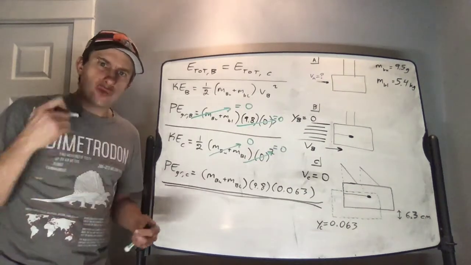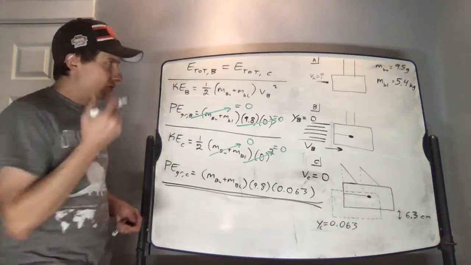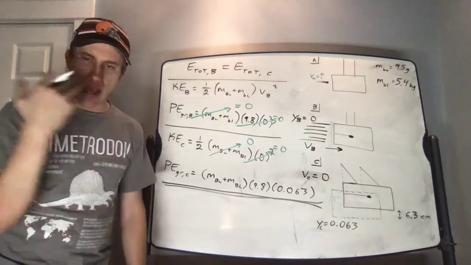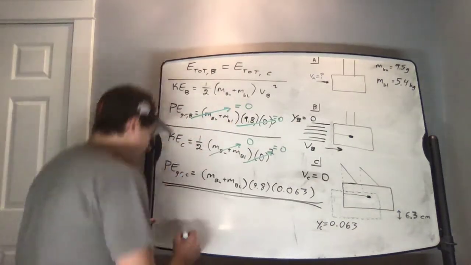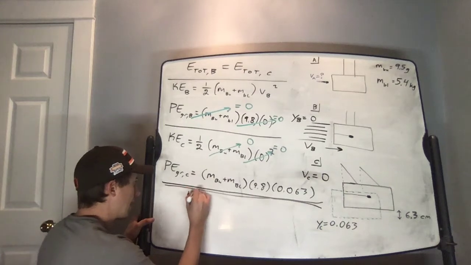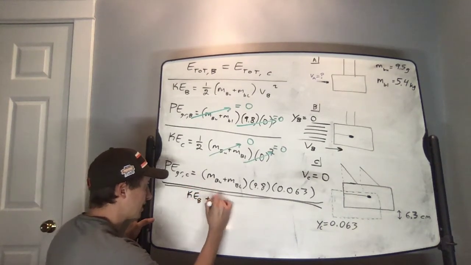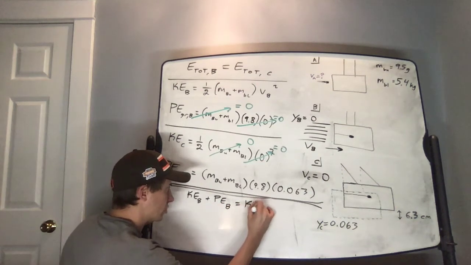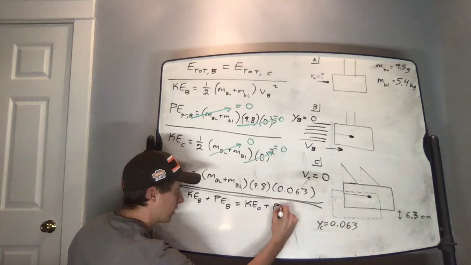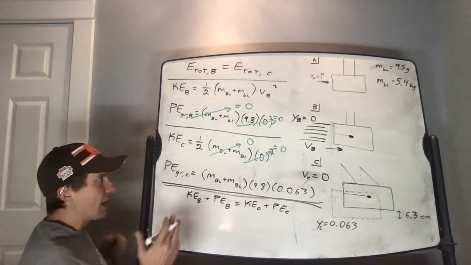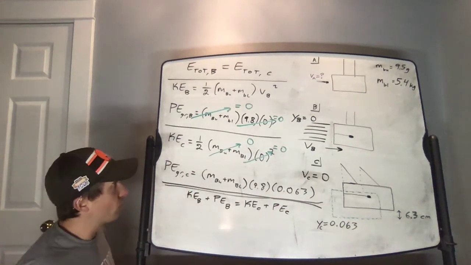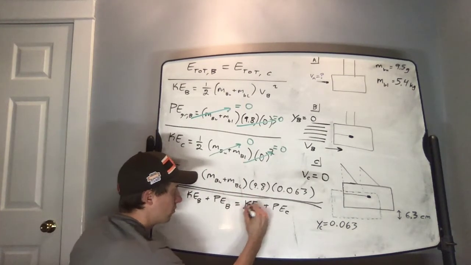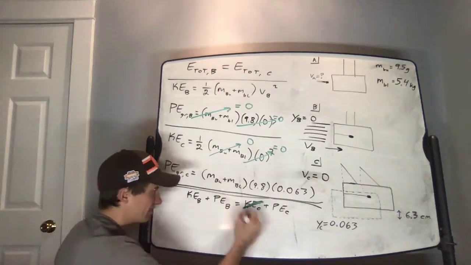So now we're going to use energy conservation to solve for the speed of the bullet and the block moving off together at moment B. So I could say that the kinetic energy at moment B plus the potential energy at moment B is equal to the kinetic energy at moment C plus the potential energy at moment C. Now, before I actually plug in numbers, remember the kinetic energy at moment C we said is 0, so I could get rid of this term because it's 0.